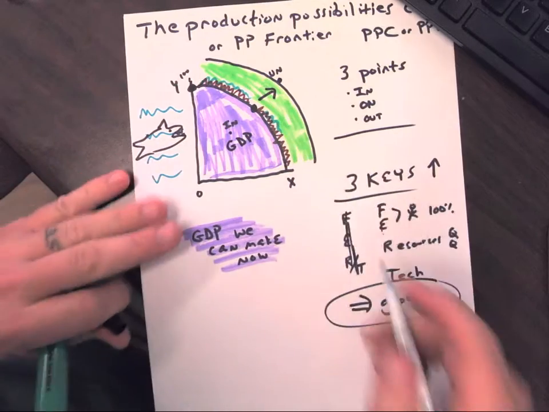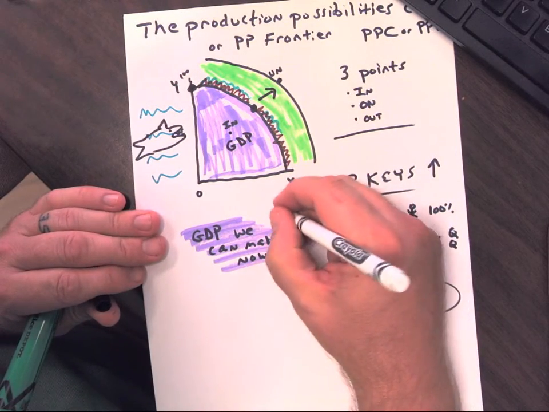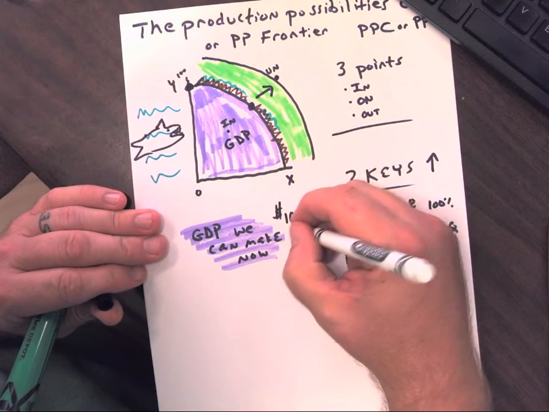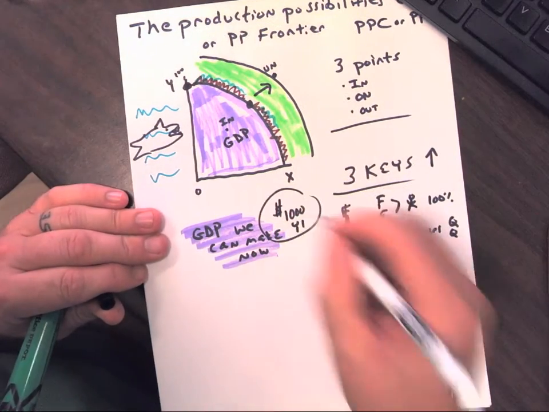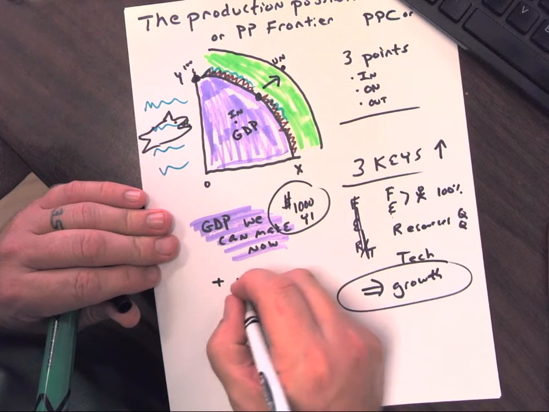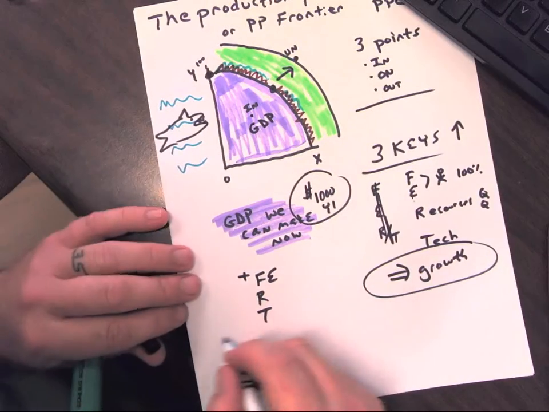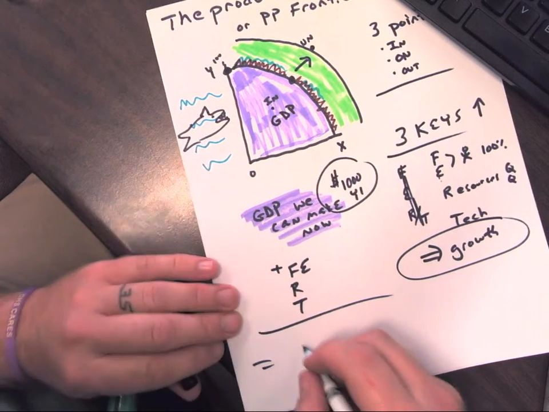So now, say we were making $1,000 in year one of GDP, and that's in purple. Now we add full employment, resources, or technology. What's that going to equal?